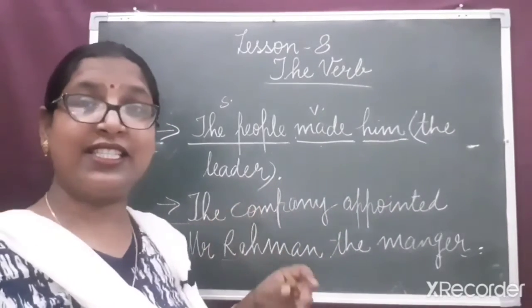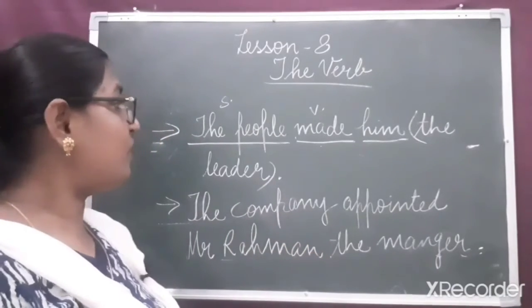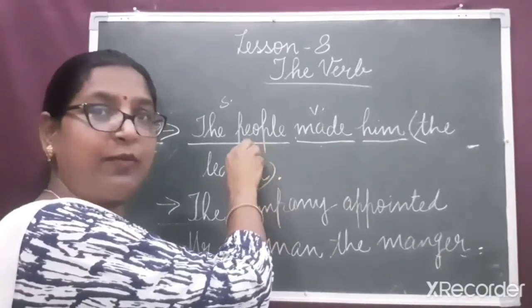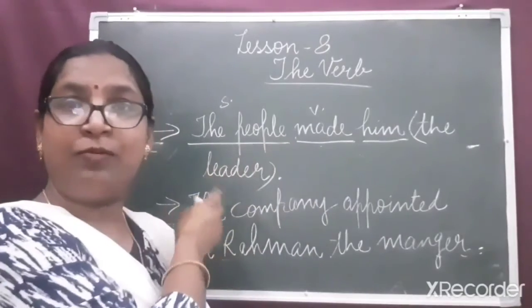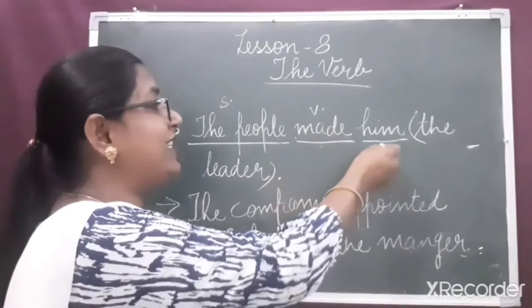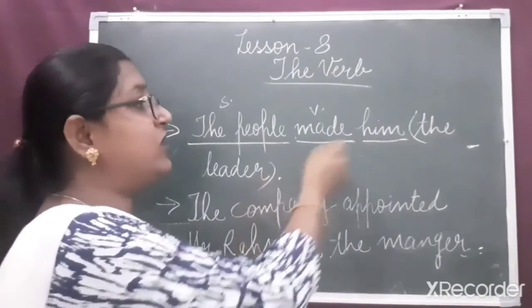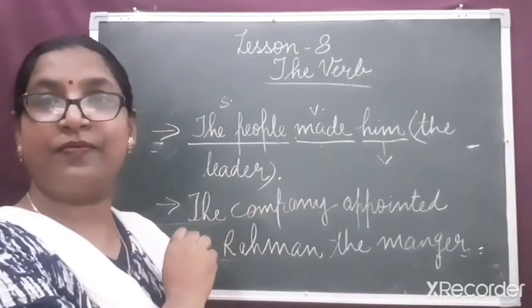And now the next step is to compare our answer with the subject. Him is something different from the people, and the leader is also something different from the people. But here we can see that the leader refers to the word him.